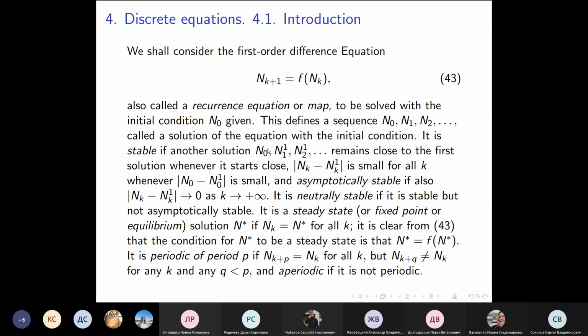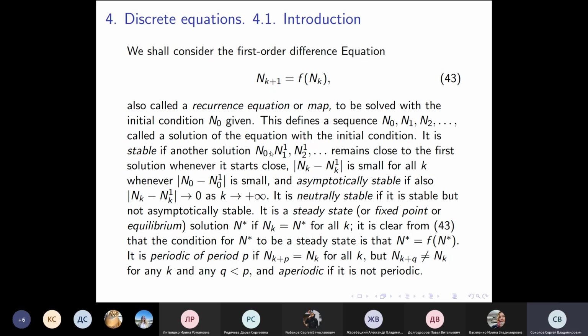So far, for the other solution, I think there must be n0,1, because if the first and the second have the same n0, all the solutions will be the same, right? So here must be n0,1. I'm sorry for this mistake.